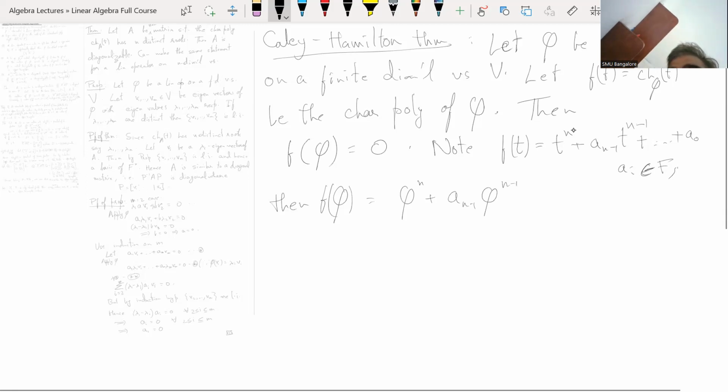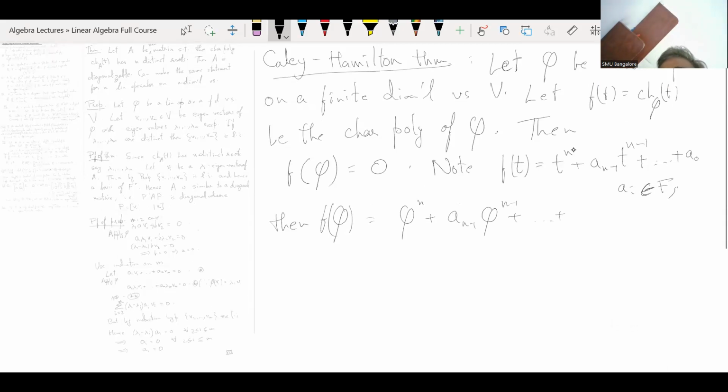So if you compose phi with itself n minus 1 times and multiply by this scalar, you again get a linear map, and then you can add linear maps. Like the set of all n cross n matrices, it's a ring: you can add them, multiply them, and also multiply by scalars. Similarly, endomorphisms of a vector space form a ring. So all this makes sense.